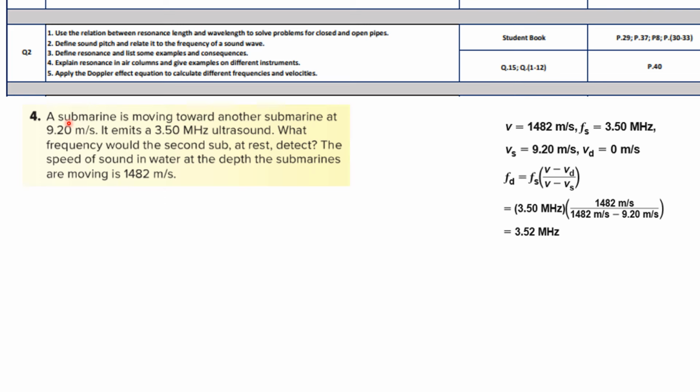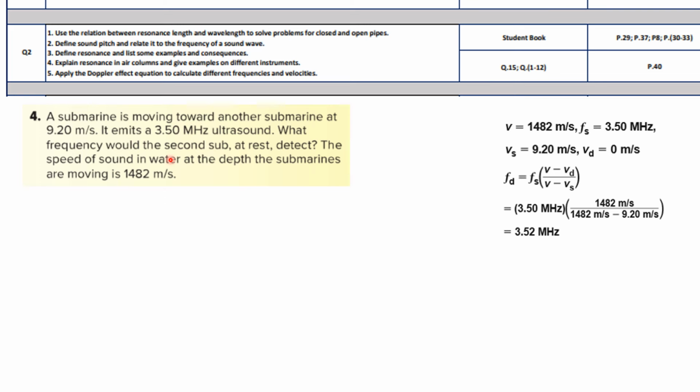We have a submarine which is moving toward another submarine at 9.2 meters per second. One submarine is moving towards the other and emitting a sound, or ultrasound, of 3.5 megahertz. So the question is, what would the frequency be?